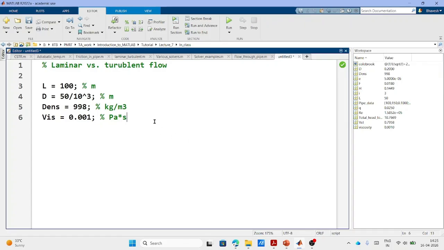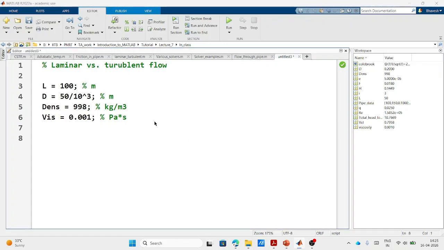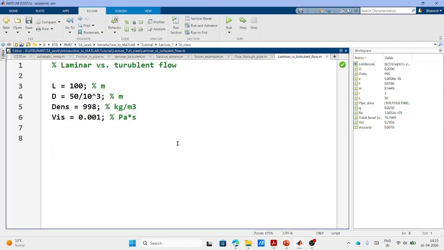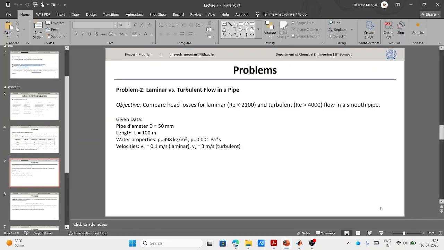I'm suppressing the output, so I don't need to see this value again. Okay.